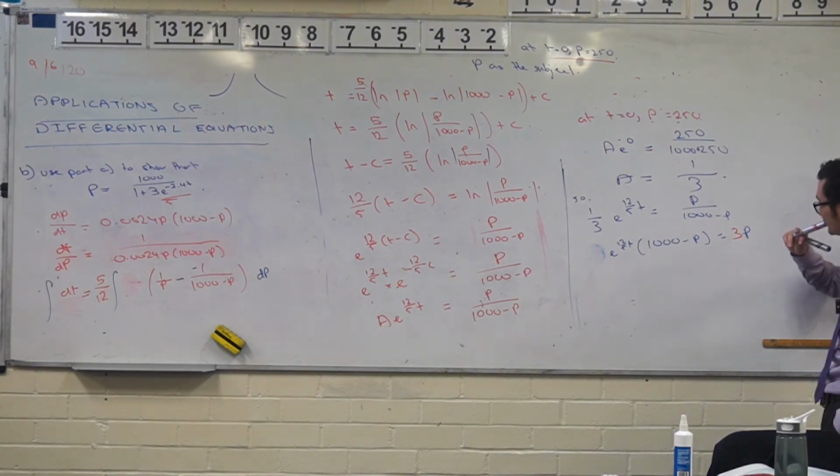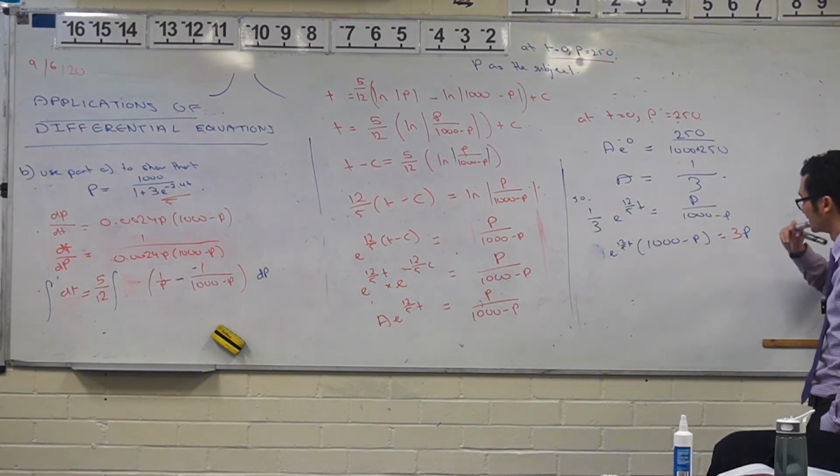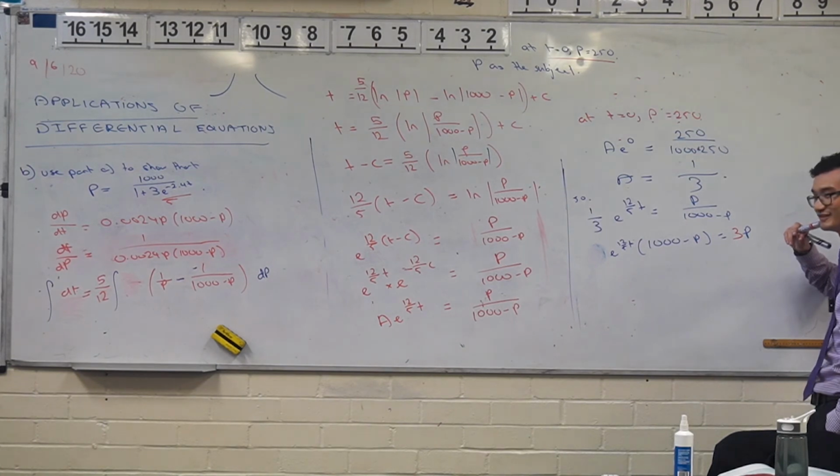So you can do a few different things here. One thing you can do is expand. You can also divide by this and see where it ends up. Any preferences? Expanding is easier than dividing.